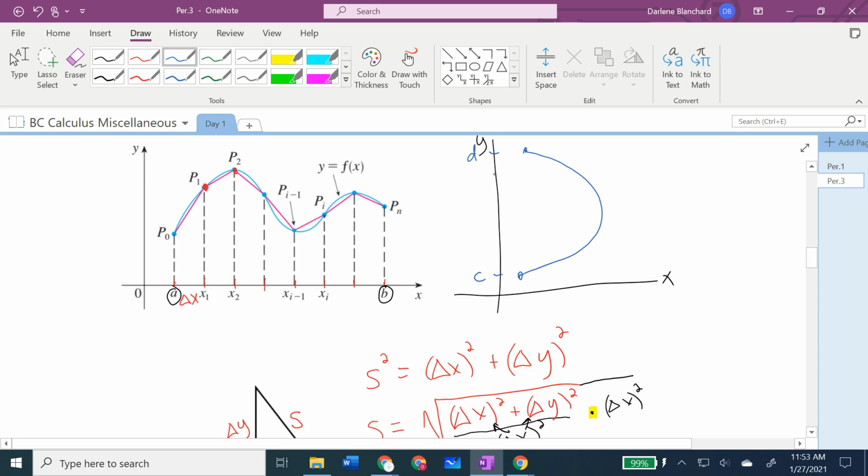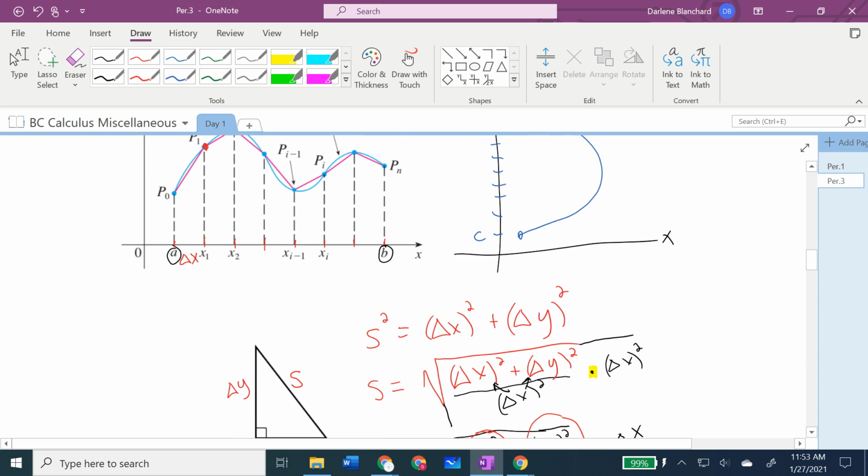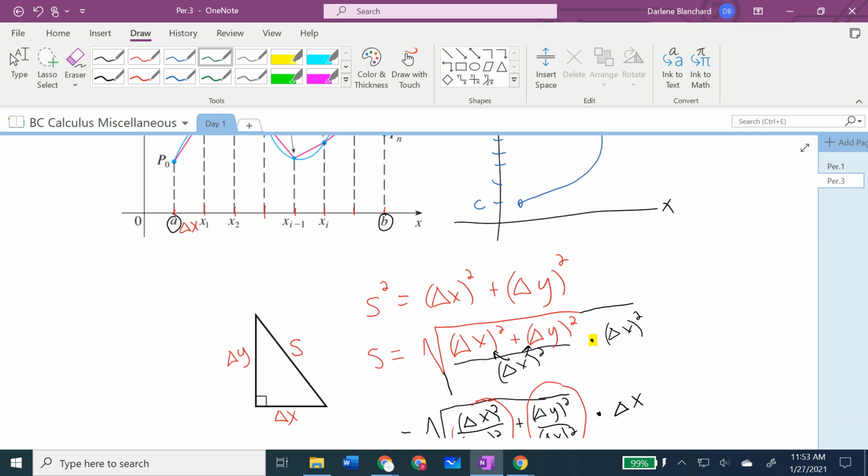Now the difference would be that I'm cutting the y-axis up into a bunch of pieces, which means that right here, I wouldn't have divided and multiplied by my delta x squared. I would have done that to my delta y squared.